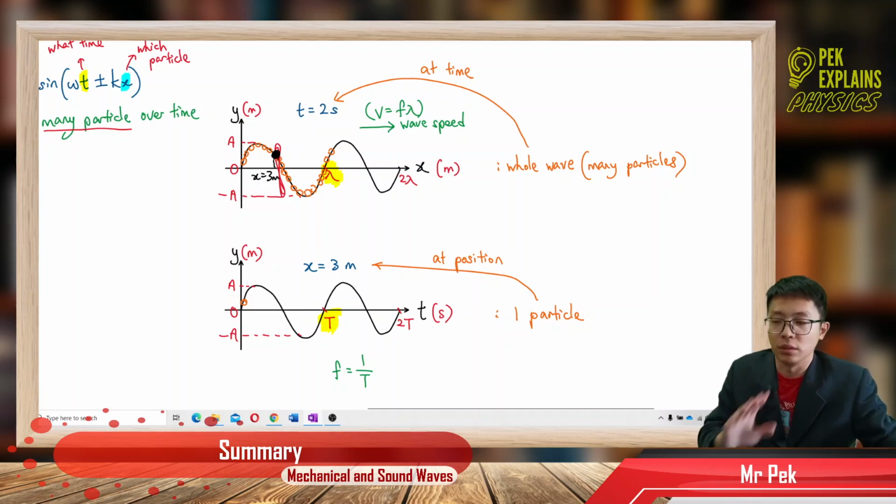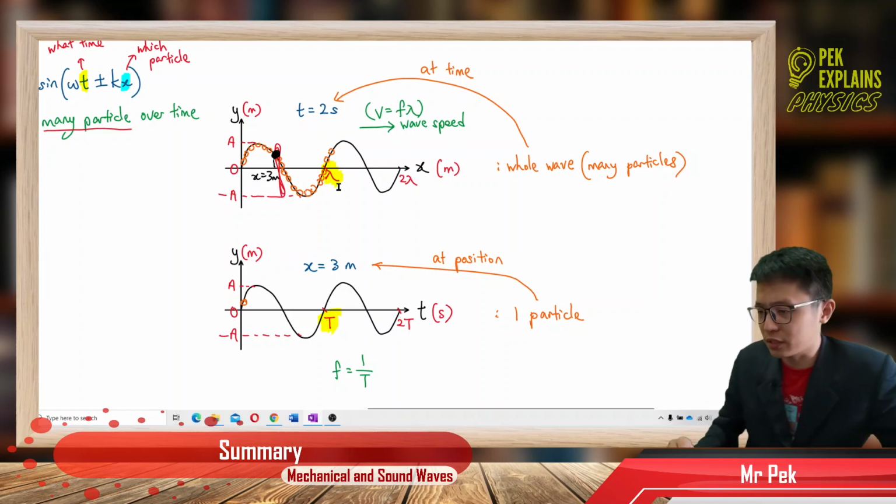So the displacement-distance graph gives us lambda, and the displacement-time graph gives us the period.